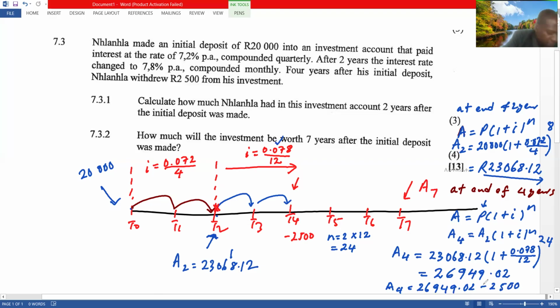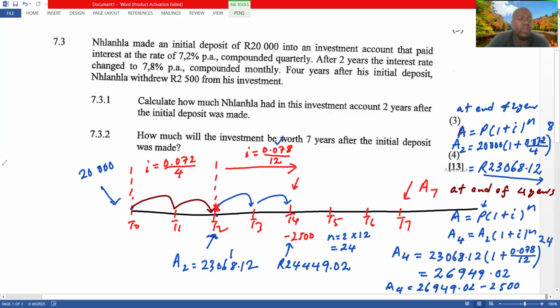So 26,949 rand and 2 cents minus 2.5, which means at the end of 4 years, Nhlanhla will be having 24,449 rand and 2 cents.